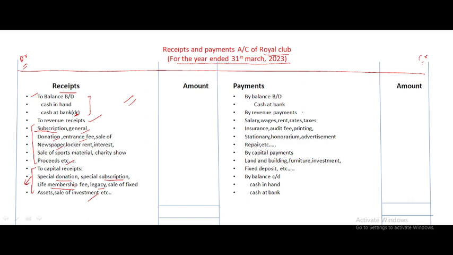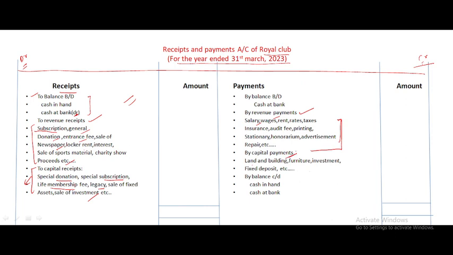Now all payments, first revenue payments, are recorded on the credit side. For example, salary, wages, rent, rates, taxes, insurance, audit fee, printing, stationery, honorarium, advertisement, repair. These are revenue payments, and revenue payments are recorded on the credit side. Now all capital payments are recorded on the credit side. For example, land, building, furniture, investment, fixed deposit.